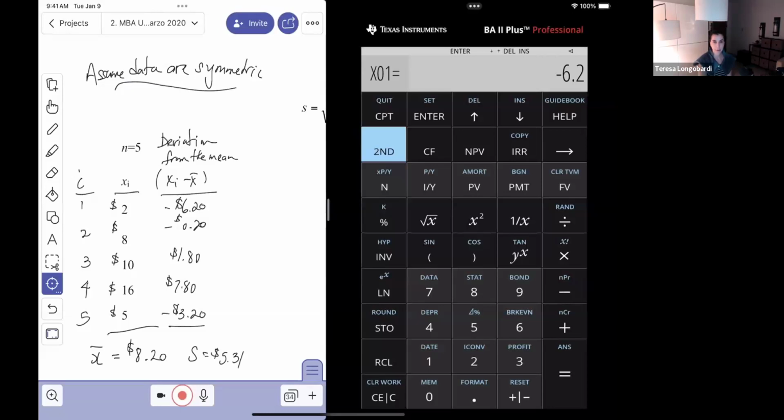If you didn't buy the calculator, I already mentioned you can get it on your iPad or your iPhone as a financial calculator or on Android as a financial calculator. It's free. The free one is not as straightforward as the $15 one.